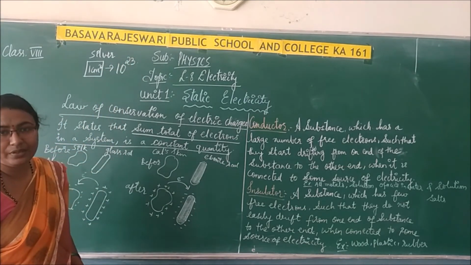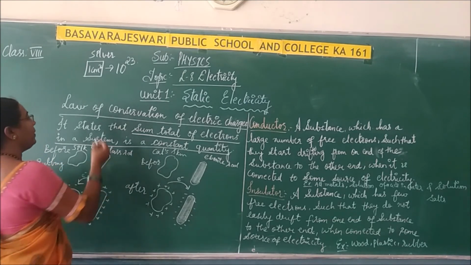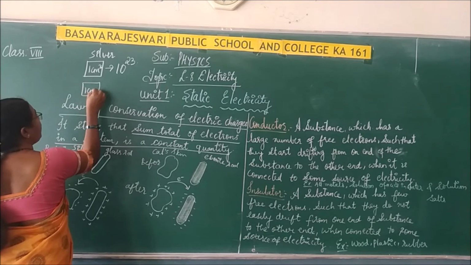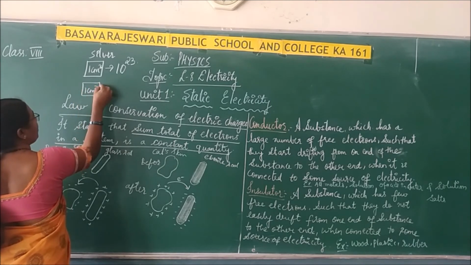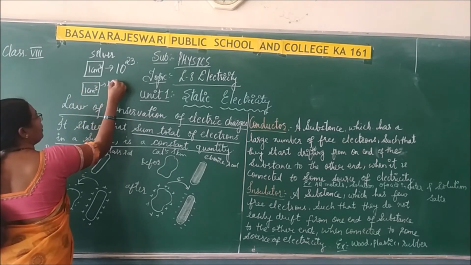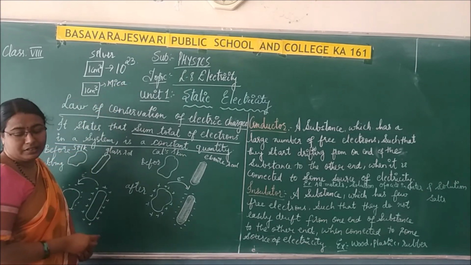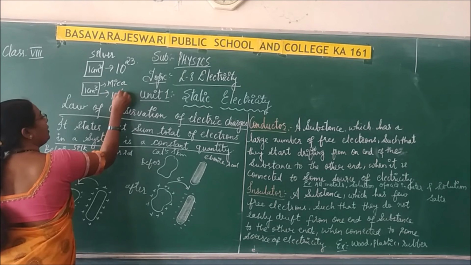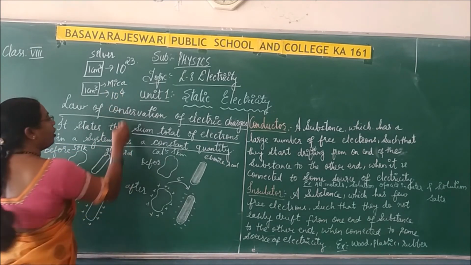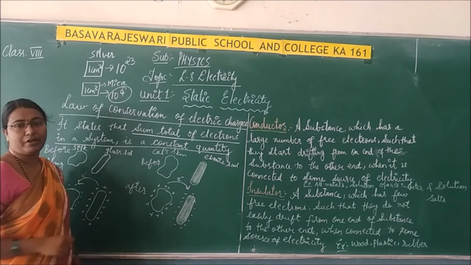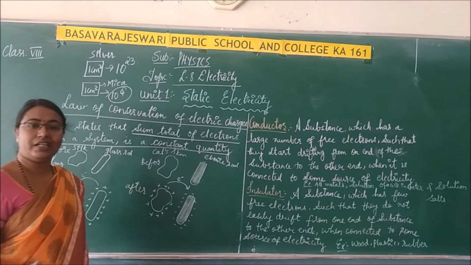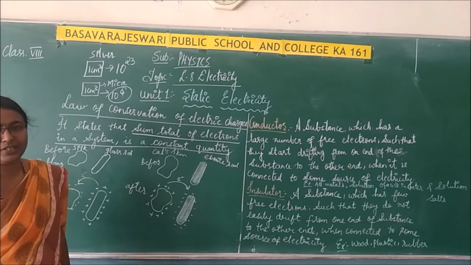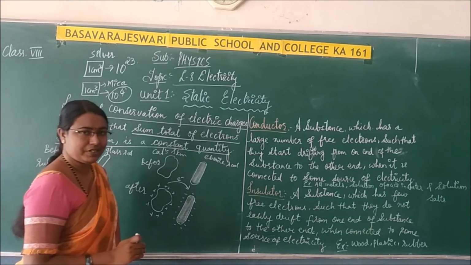But when you consider 1 cubic centimeter of mica, the number of free electrons is very less. It is just 10 to the power of 4. The number of free electrons will vary from a substance to a substance, from an element to an element.